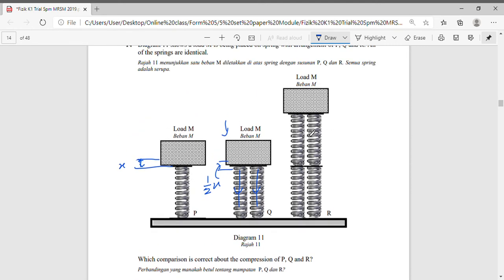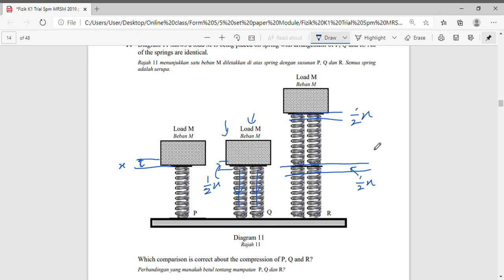For the third case, you have 4 springs, divided by level. Two springs again is similar to this situation, so imagine the upper spring is not there. For the first layer, we compress by half x because we have 2 springs arranged in parallel. The upper part will also be compressed by half x.